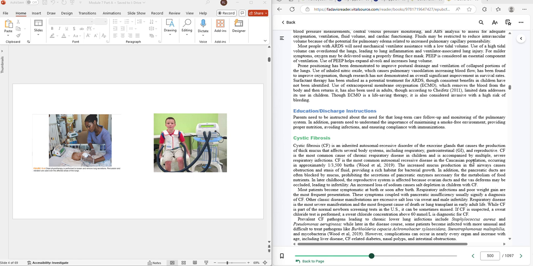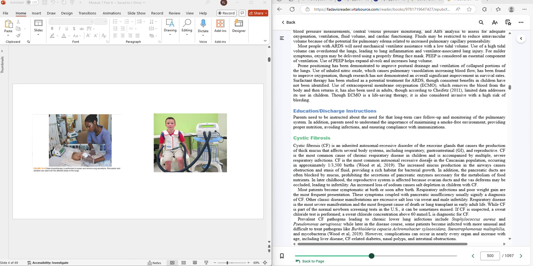Lots of mucus, sticky mucus is produced with CF, excessive salt loss and male infertility even, pancreatic insufficiency. So make sure you read through and understand what cystic fibrosis is.